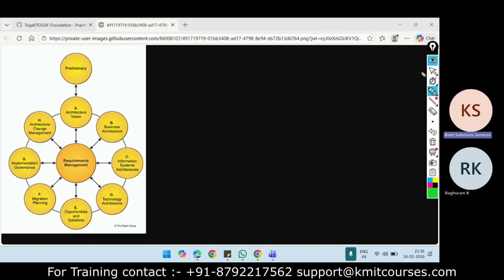Now, next is the deliverables. When we are talking about the deliverables, deliverables are nothing but the things which you want to implement, right? So you want to deliver.